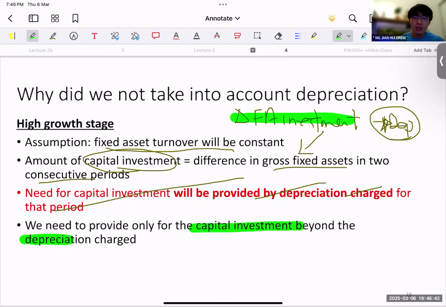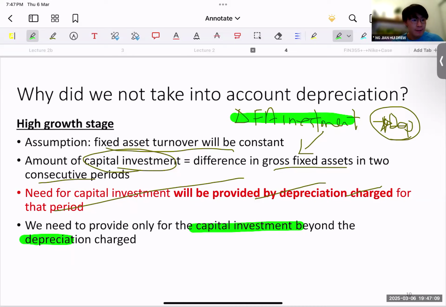So when you take the two gross amounts and subtract them, the resultant value is basically your change in fixed asset investment amount, i.e., if you bought any fixed asset or disposed any fixed asset, minus your depreciation of your fixed asset for that year, right?